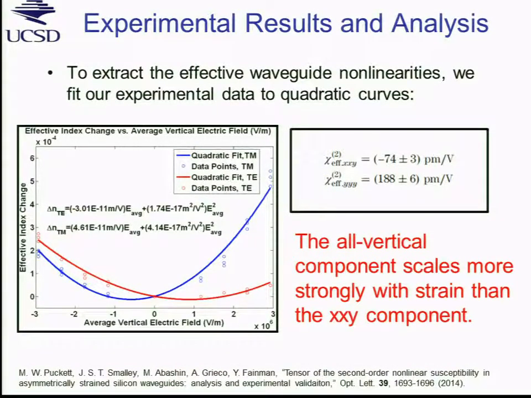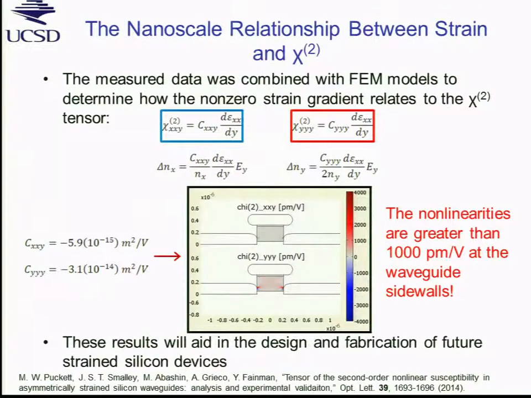All vertical components scale more strongly with the strain than the XXY component, which is the TE polarization state. So we did some more rigorous analysis of the relation between this strain gradient and the Chi2 coefficients, found the proportionality coefficients and so on.